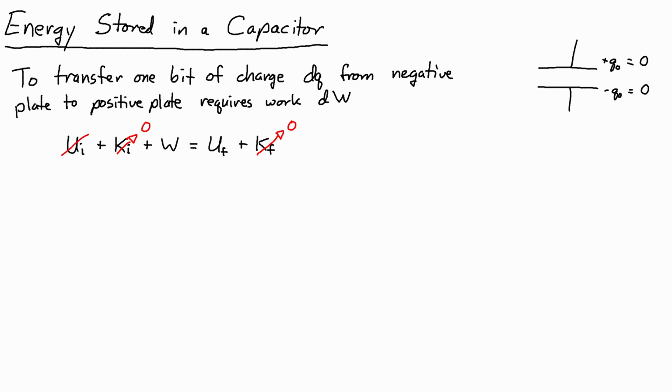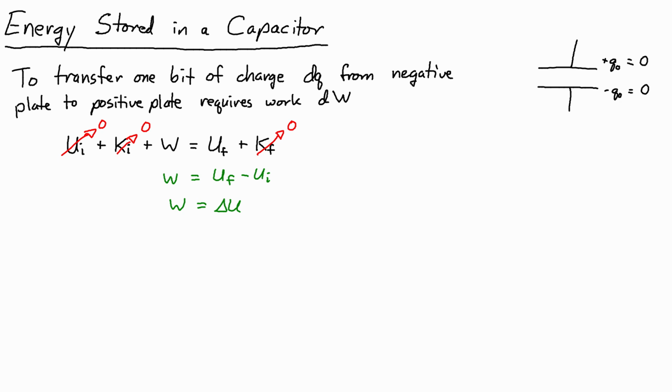I would also argue that the initial potential energy is 0. But we can rearrange this either way, and the work is equal to U final minus U initial, which I can call delta U. So the work is equal to delta U. This is going way back to a previous physics course where we talk about conservation of energy.